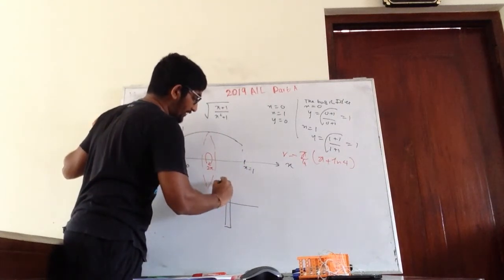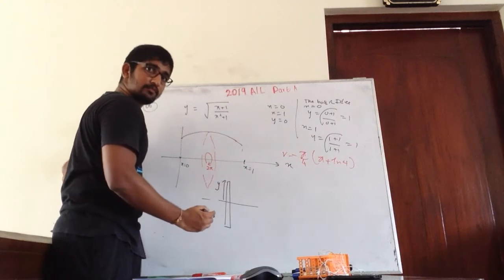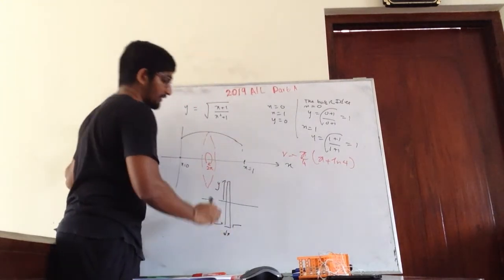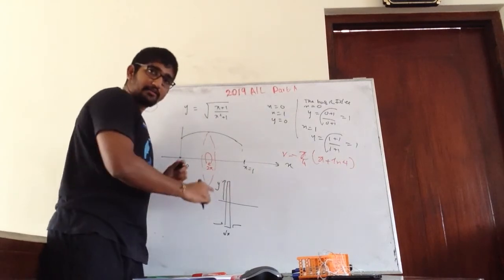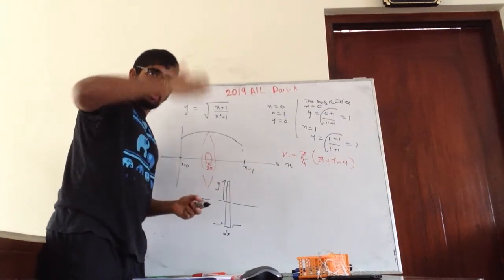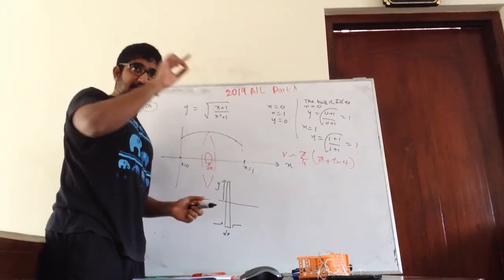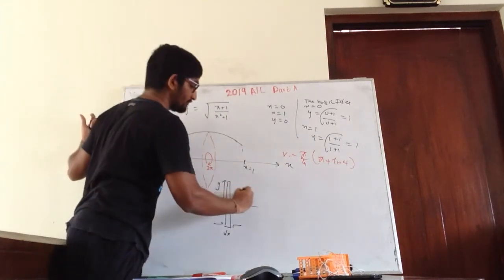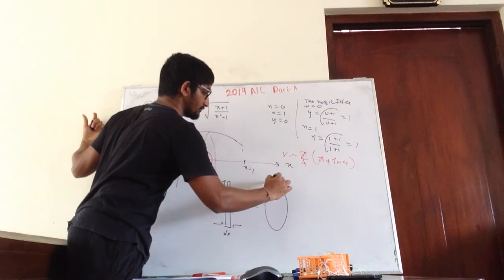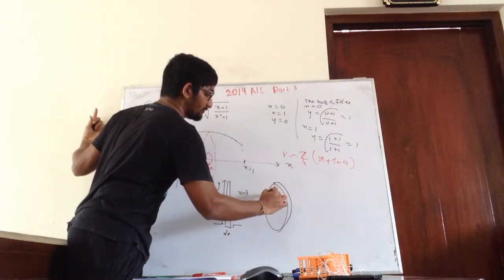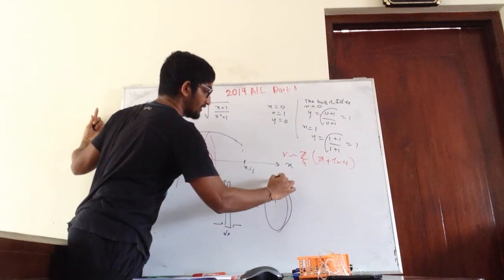This will become y, right? This part will become dx, and this y, right? So now think this as a slice now. Now this is a circular thing, no? This is y, this is dx.